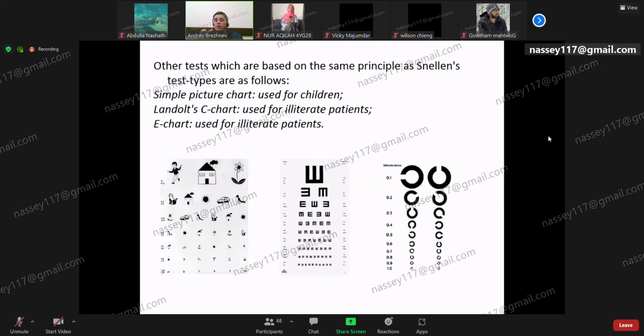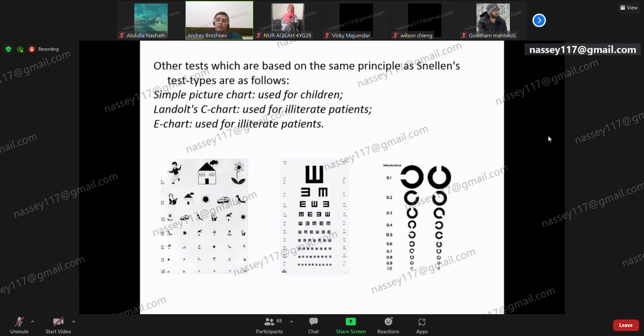In this case, the task for the patient is to recognize where the break is or the direction of the letter E, its position, and so on and so forth. For small children, we use special charts consisting of symbols which a small child can rather easily describe, like flower, mushroom, sun, cat, and so on and so forth.